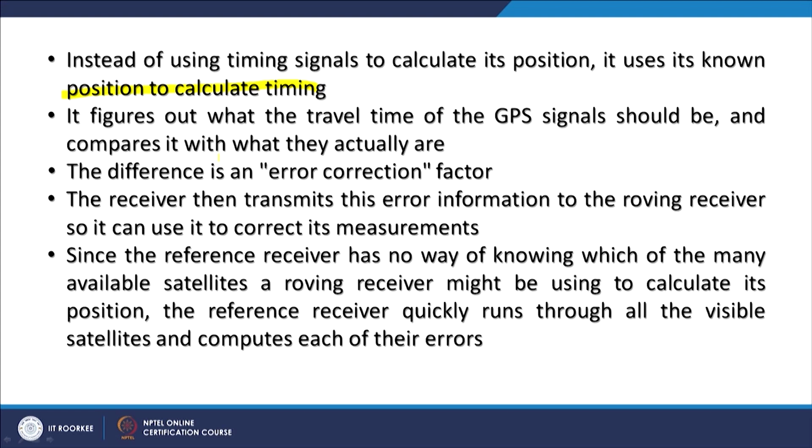Since the reference receiver has no way of knowing which of the many available satellites a roving receiver might be using to calculate its position, the reference receiver quickly runs through all the visible satellites and computes errors for each. So, sometimes it is hard to assess that both receivers are receiving signals from the same satellite. Instead, a base station or stationary receiver goes through this backward calculation of timing for all visible satellites.